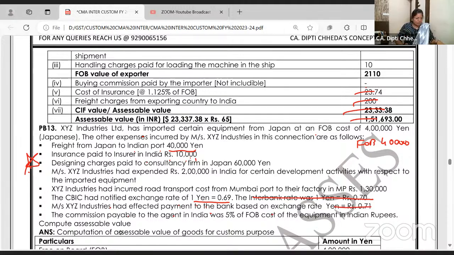But which rate do you have to take? 0.69. 27,600. I hope you all are getting this. Freight is given in yen, so you have to convert it. 27,600. Okay. Insurance is given in rupees. No problem.